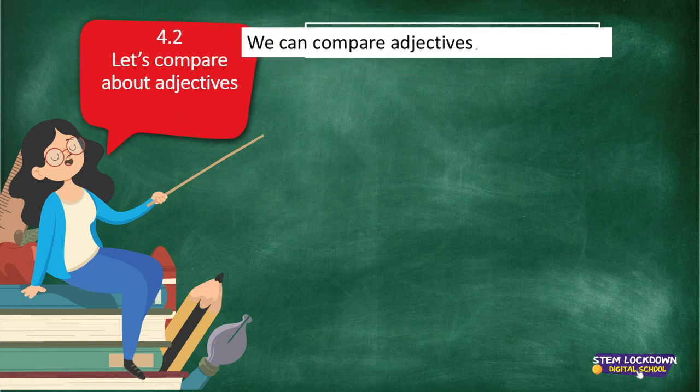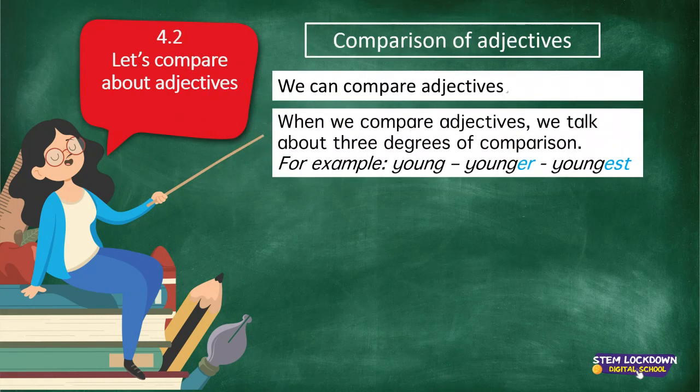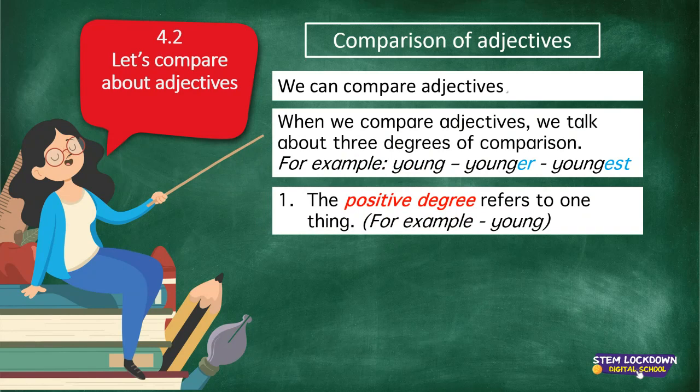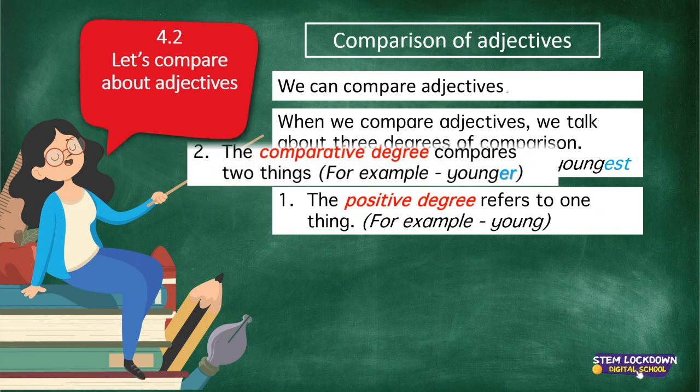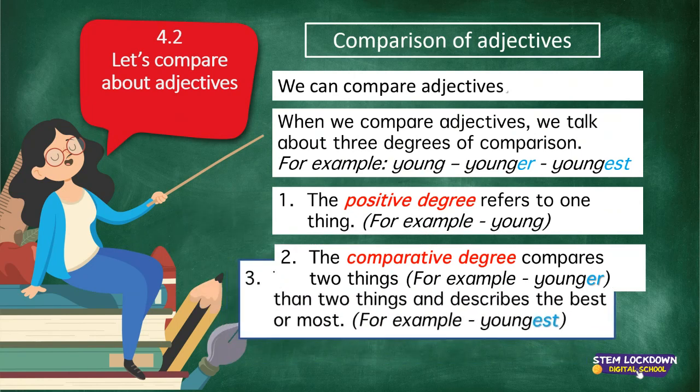Do you remember we did the comparison of adjectives? And we talked about the 3 degrees, for example, young, younger, youngest. The positive degree was one thing, young. The comparative degree compares 2 things, and you usually add er, younger.